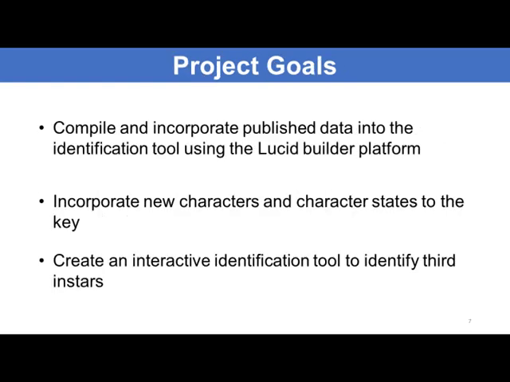So the goal here is to compile all the data, all of these larva descriptions, and incorporate them into a Lucid Builder platform. Also, Rodriguez et al. 2022 found new characters. These characters and new characters will be incorporated into this key, and finally, we will create a new interactive key specifically for the genus Anastrepha.